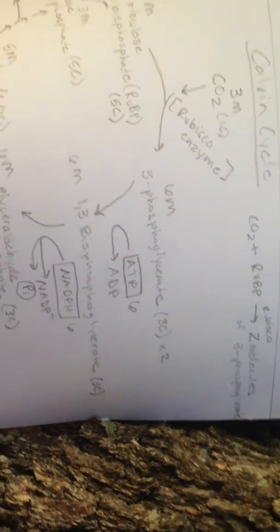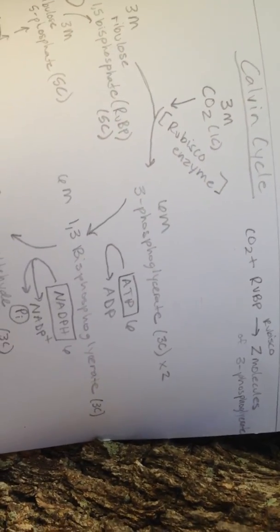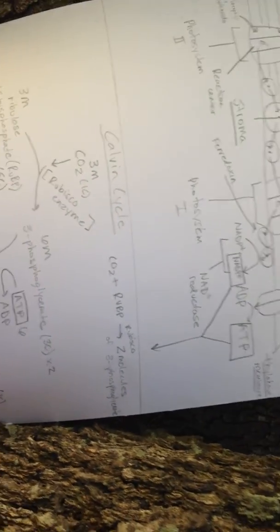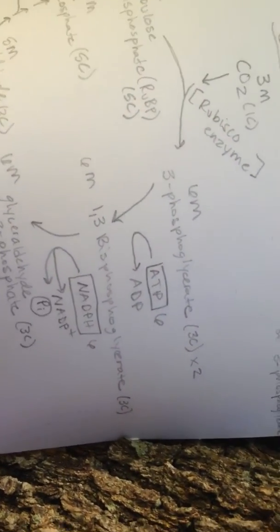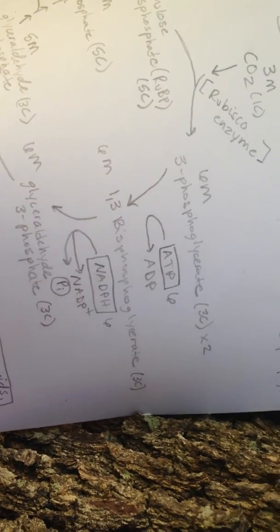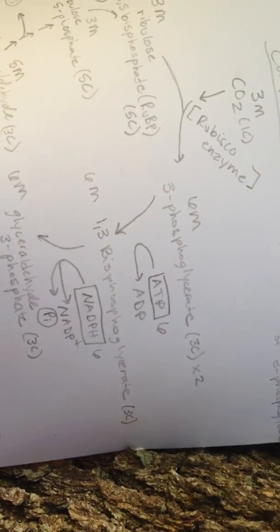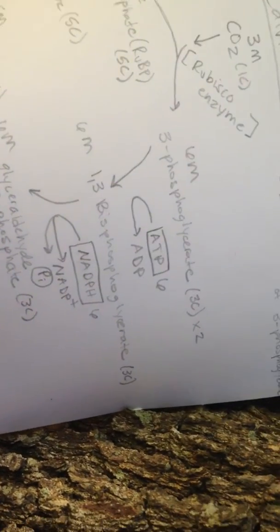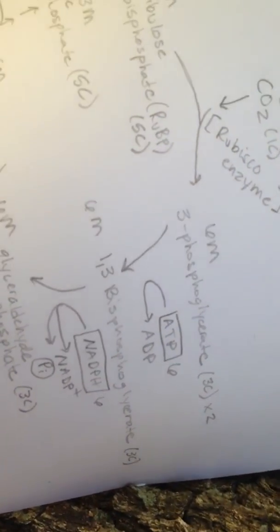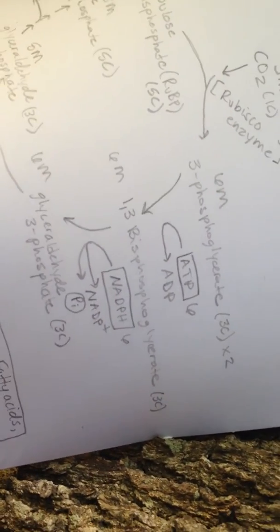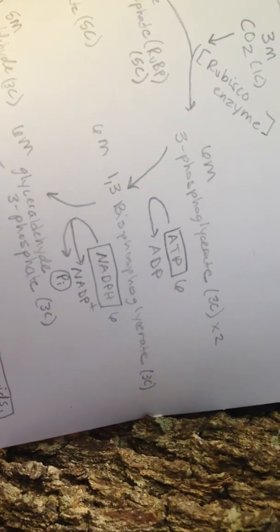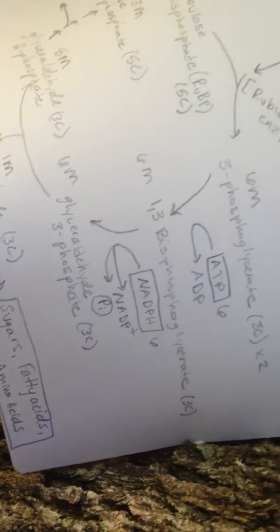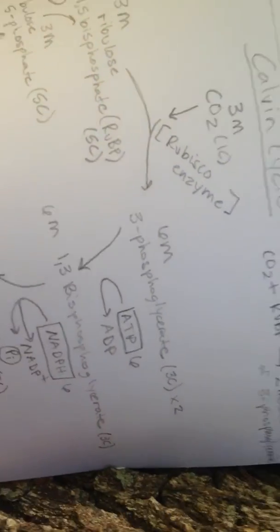With these molecules of 3-phosphoglycerate, it's going to use ATP from the light reaction to make 1,3-bisphosphoglycerate. Our whole goal is to make this glucose molecule, correct? So this is just doing some conformational changes in that molecule to eventually get glyceraldehyde 3-phosphate, which is what we want.